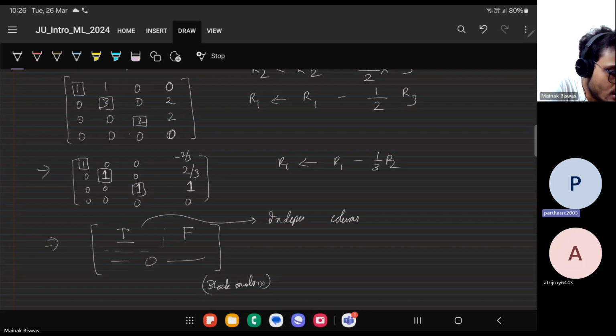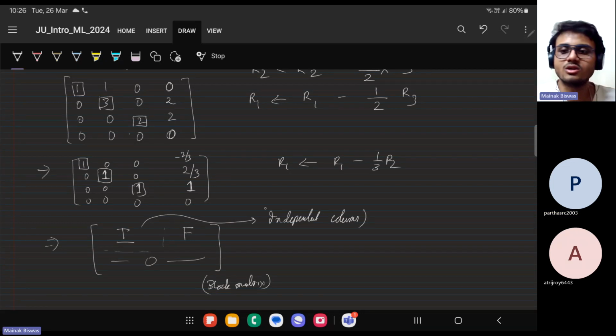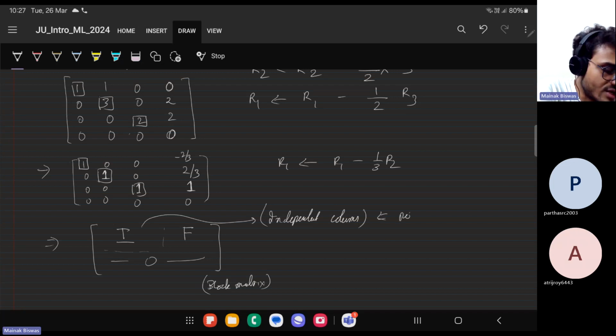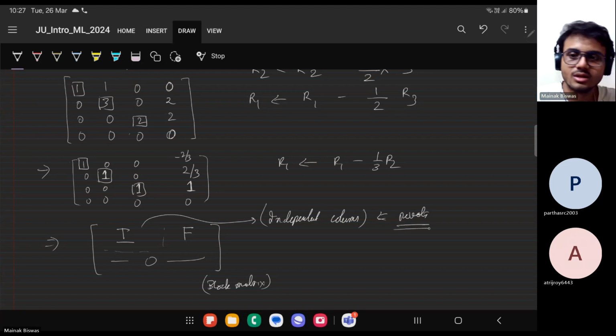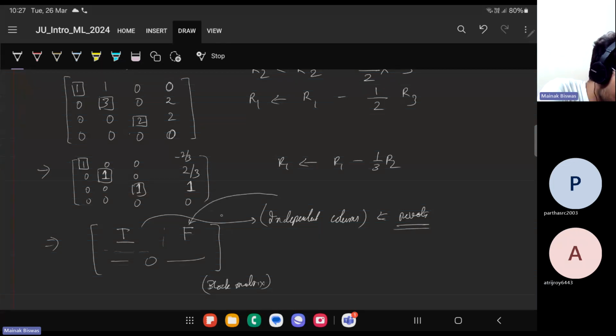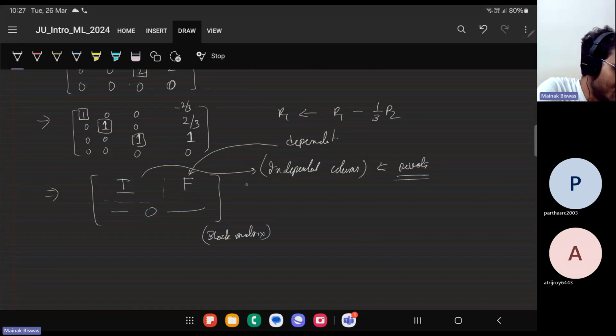Understood? Because we had that wherever it was independent, pivots were there, that only we converted to identity, right? Pivots were converted to this. Correct? And this is my dependent matrix. Why is it dependent? Let me just show you. If I multiply this with minus F comma I, what will I get?